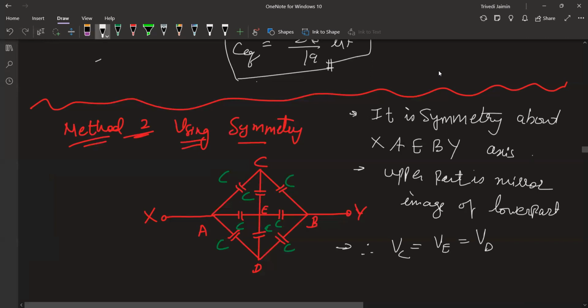So the potential difference across C is equal to the potential difference across E, equal to the potential difference across D. Right? As it is the mirror image of above and below, or upper part and lower part. So VE, VC and VD are the same.